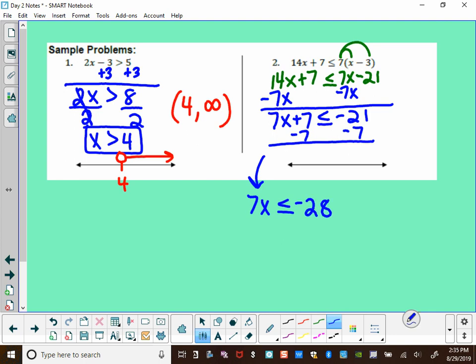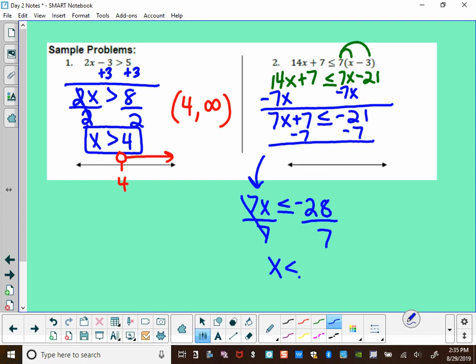What do I do here? Divide by 7. This is always a big misconception here. We don't have to flip our sign here because of the negative 28. If my 7 was negative, then I would flip it.